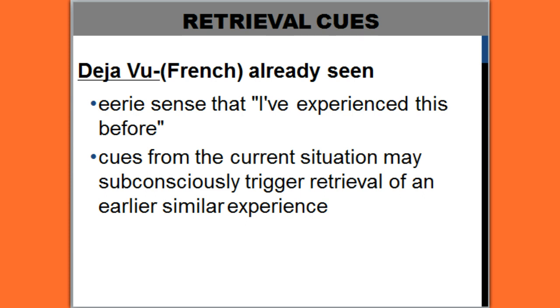So you may be in a certain room, or a social situation, it could be a lot of things cueing you to go grab memories that you hadn't seen or experienced in a long time, and they start coming forward, and it gives you that eerie feeling. That's the best we've got as far as a theory today for déjà vu.